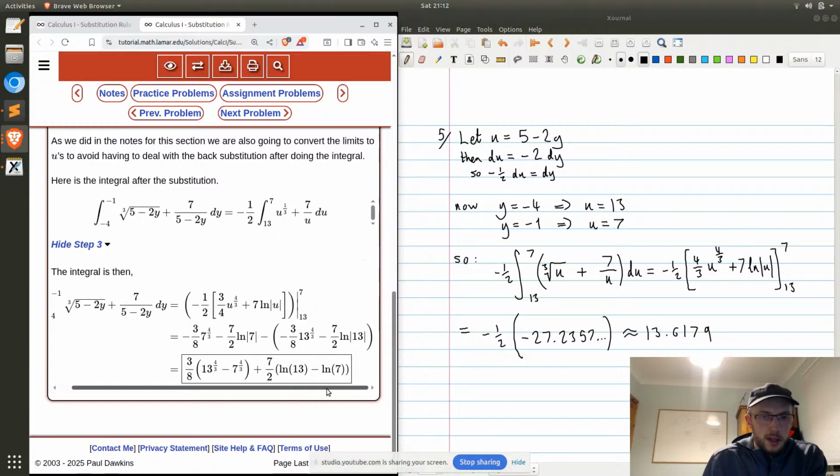All right, so he has it in quote-unquote exact form here. So I guess we have to check and see if his matches our decimal approximation.